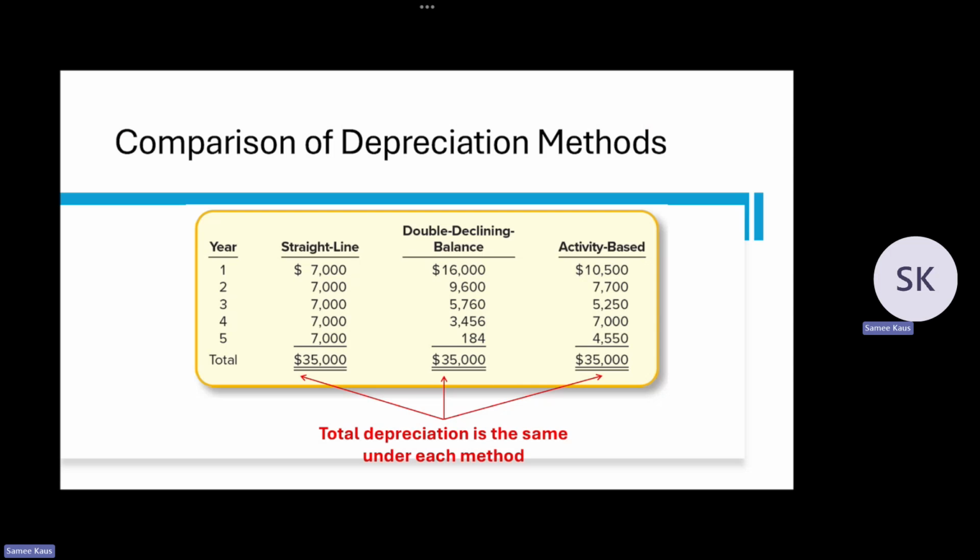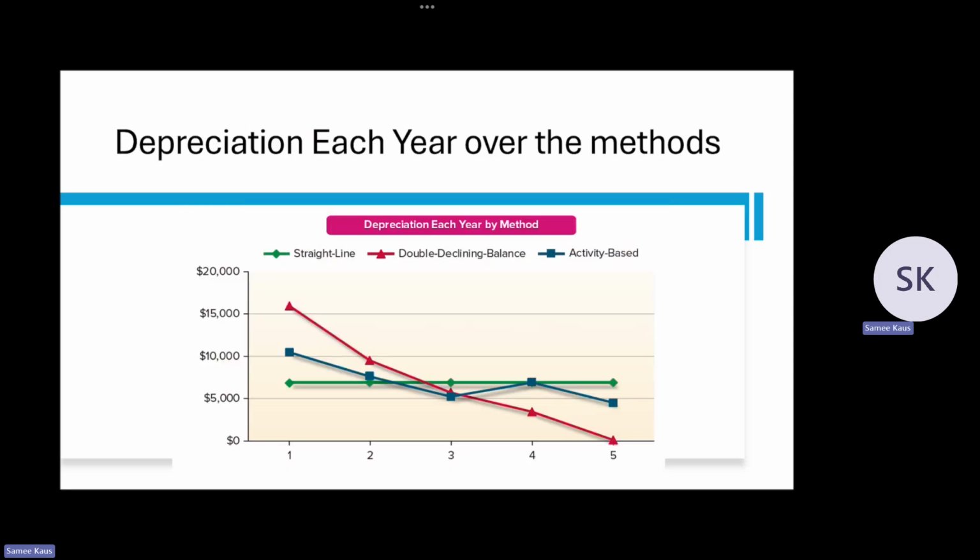Okay. So notice under the 3 methods, they all even out at the end of the day. The total depreciation is going to be 35,000. It's just recognized in different years, right? So under straight line, I take the same amount of depreciation the whole time. Under activity based, I kind of have these jumps where sometimes it goes up, sometimes it goes down. It depends on how much I drive it.